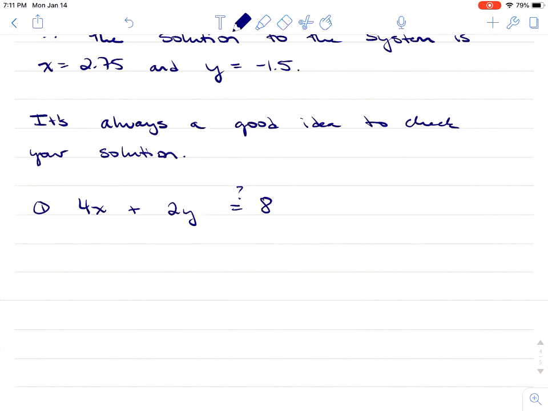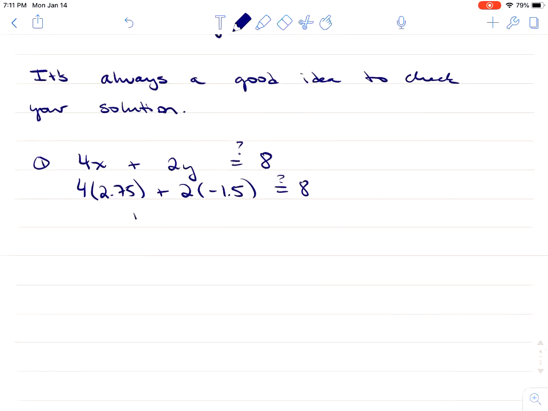So I've got 4 times x, which is 2.75, plus 2 times -1.5. Does it equal 8? I get 11 plus -3 does equal 8. So that's true.